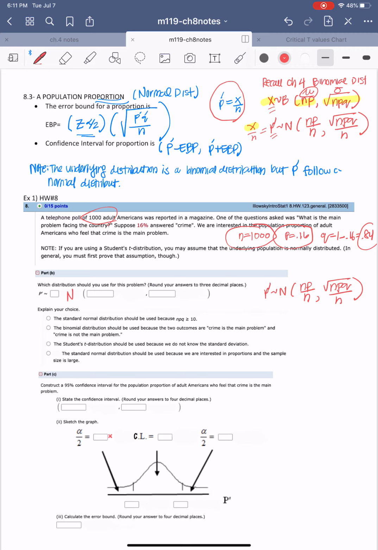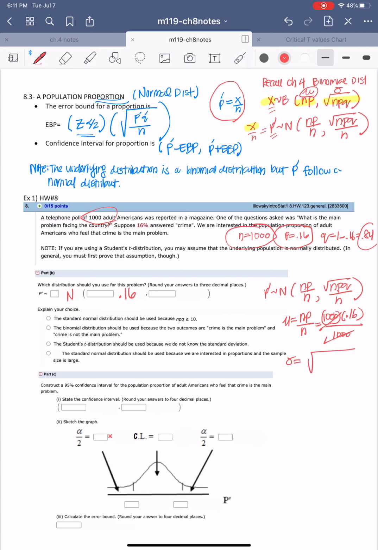So let's put that. Your mu is np over n. So 1000 times 0.16 divided by 1000. Cancel that. It's just 0.16. Okay.